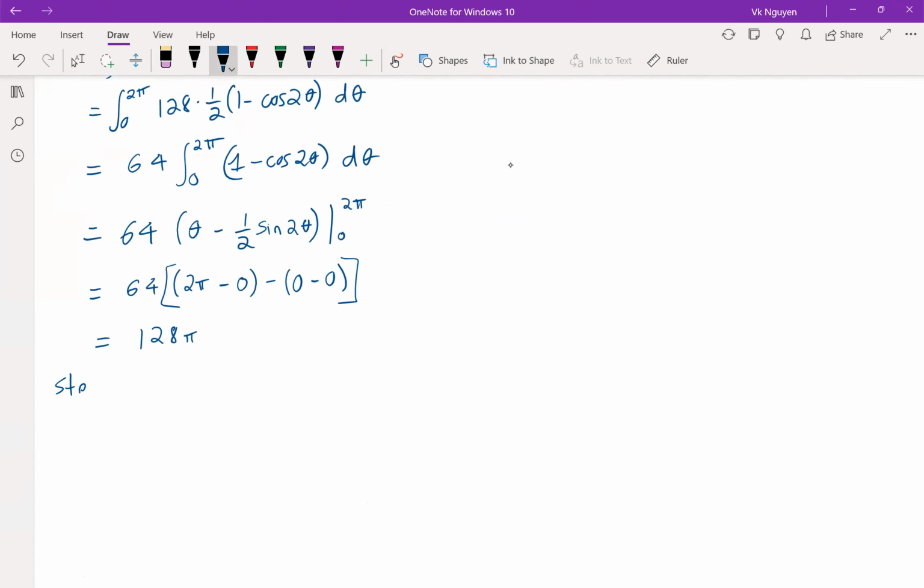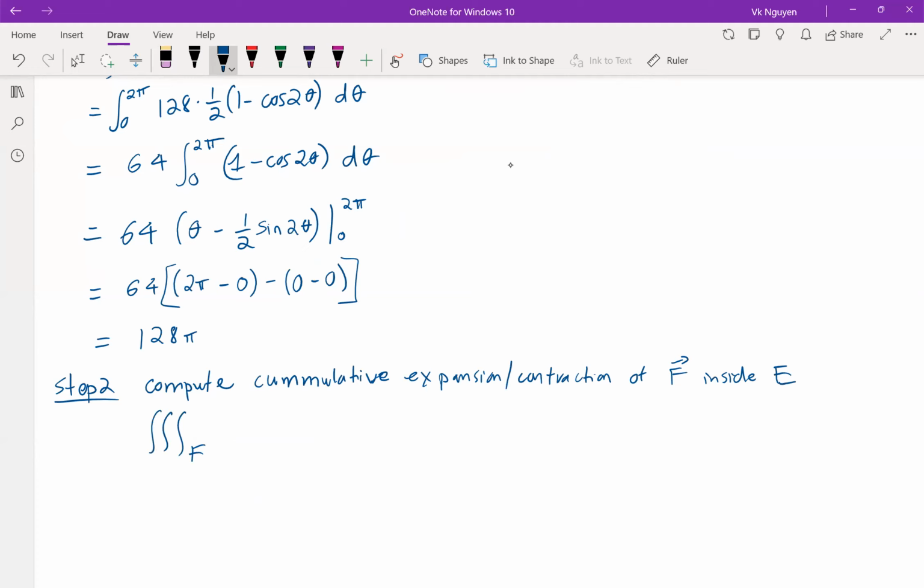Step 2. Compute the cumulative expansion, contraction of F inside E. Okay, so this one is the triple integral over E of divergence F dV.